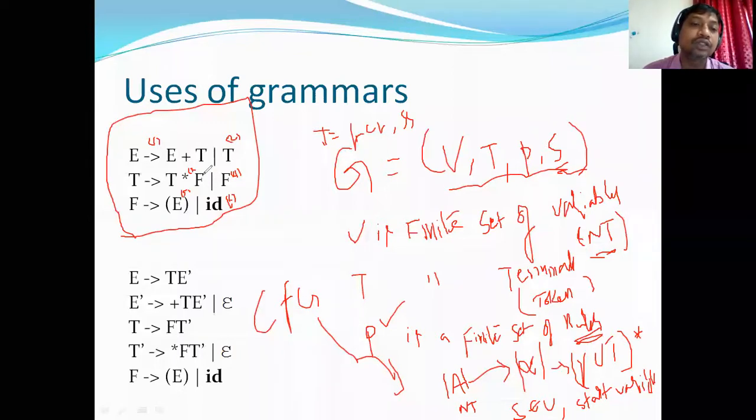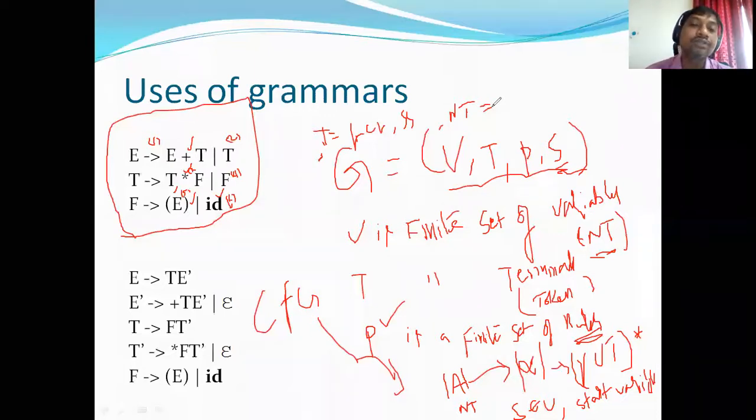What I mean here is that plus is an operator, similarly asterisk, open parenthesis, closing parenthesis, and ID. All these are terminals. All the capital letters are treated as non-terminals. This is just for notational convenience, to distinguish between terminals and non-terminals.